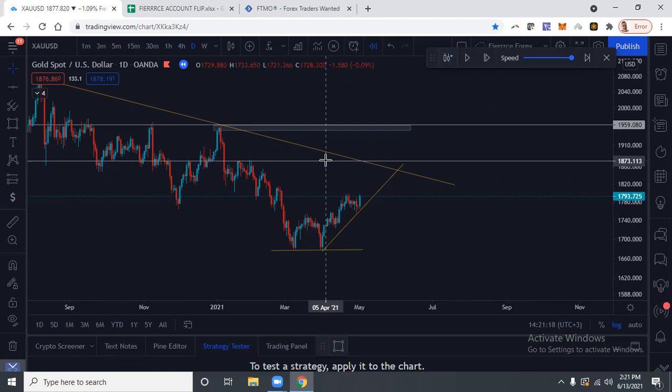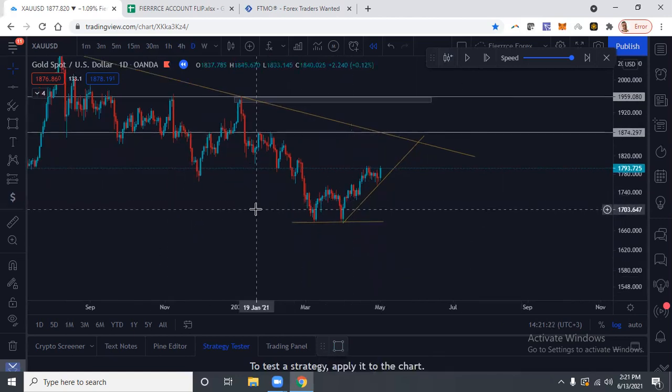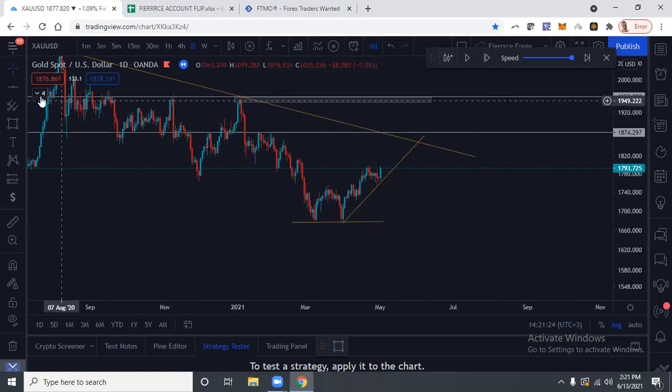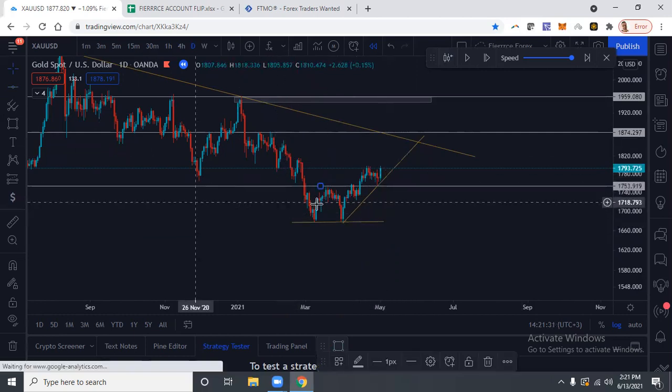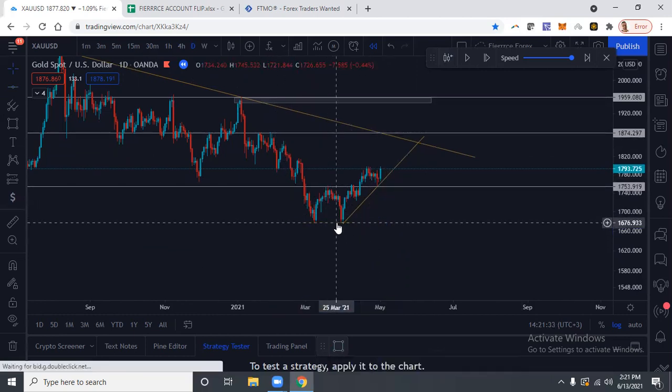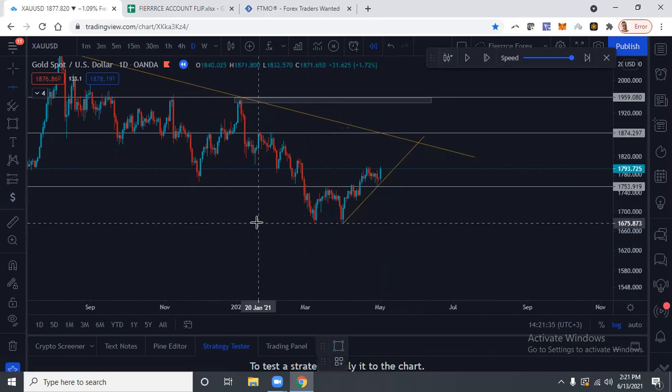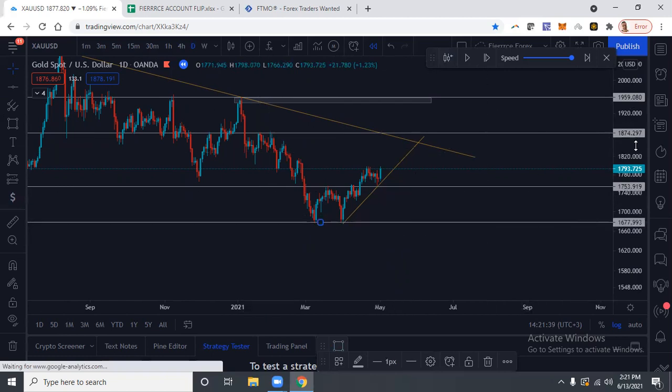I'll put the more, probably that high is important. This low here, okay, I'll mark this out as well. This is the base floor.